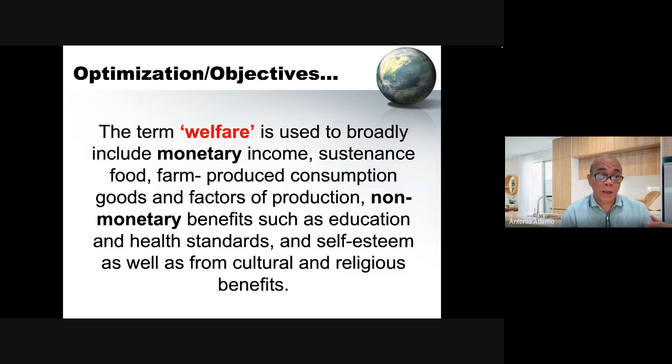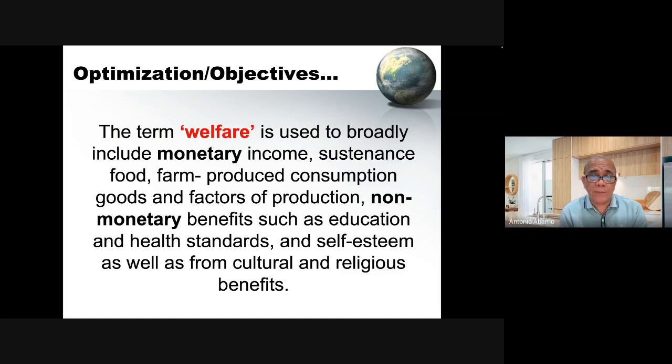So it could be enhancement of welfare of the community or the household. When we talk about welfare, it could be monetary or non-monetary, meaning peace and order is one welfare factor, education and self-esteem or pride. These are welfare benefits.